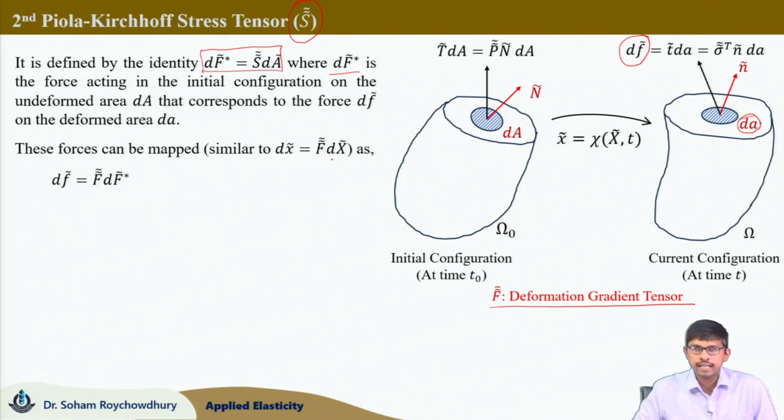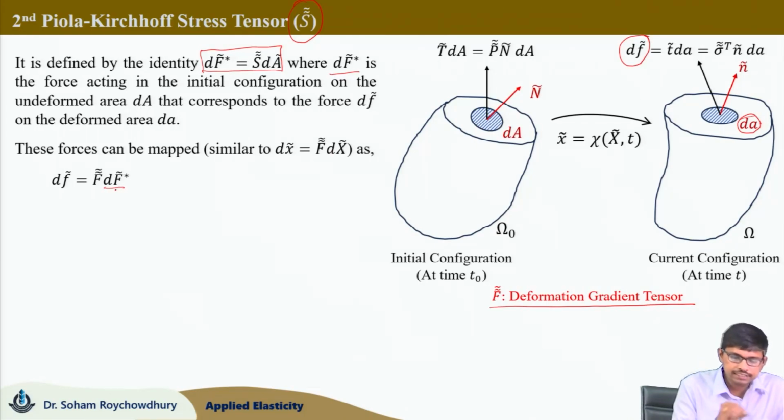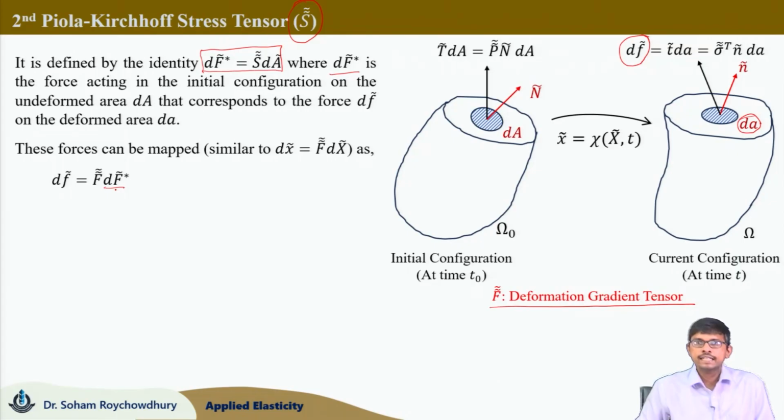So, df, the actual deformed configuration force acting on the deformed area da, equals the deformation gradient tensor F acting over dF*, where dF* is the transformed force acting per unit undeformed area.